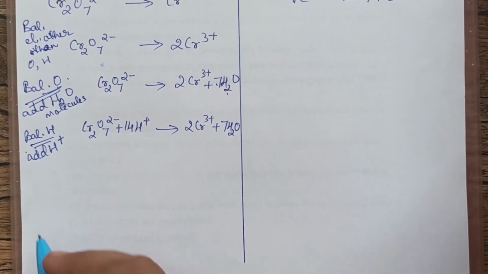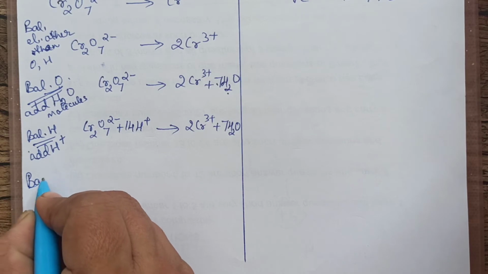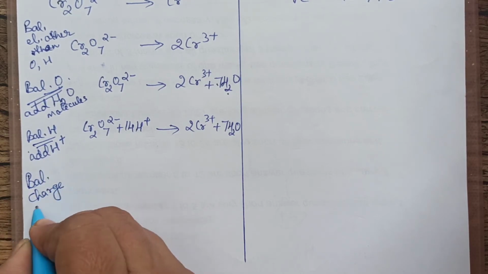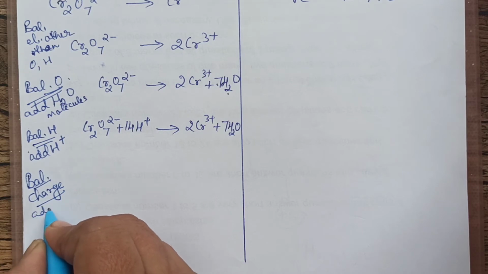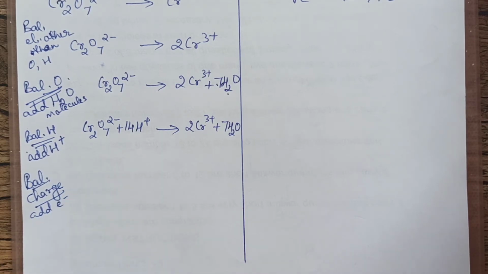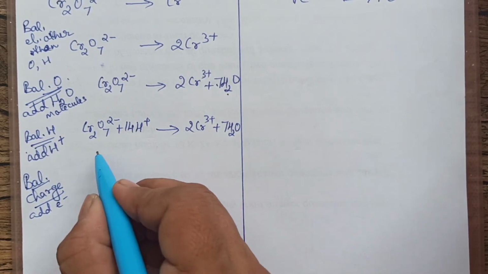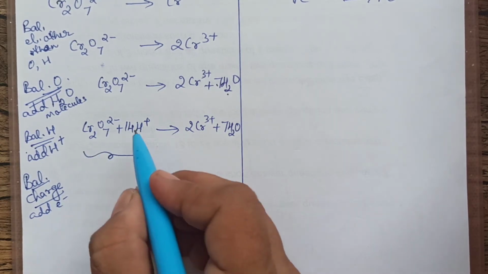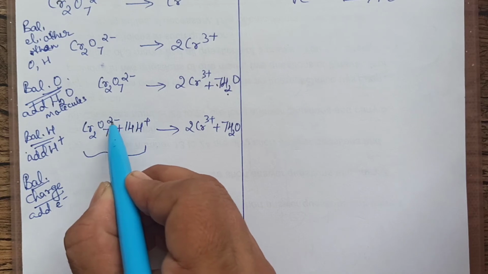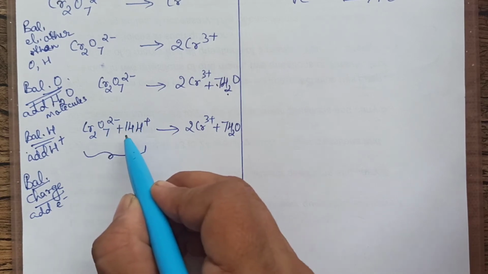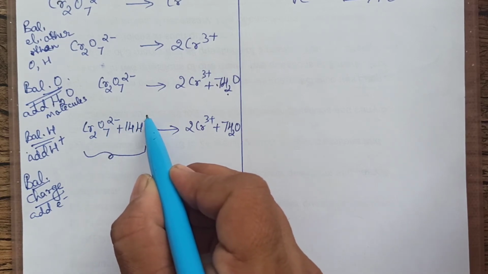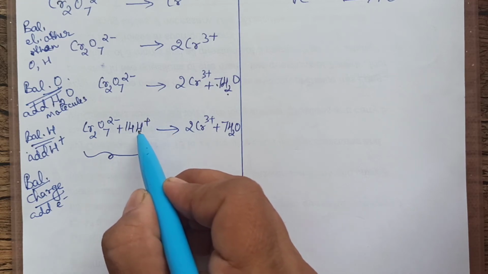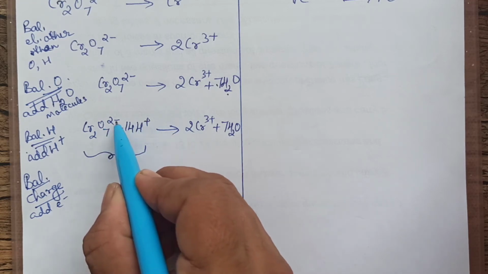Now we have to balance charges. To balance charge, we add electrons to the desired side. Right? Let us see how you balance charge. You check the charge on both sides. Left hand side, on the species the charge is -2, and there is 14 H+, so +14 minus 2.